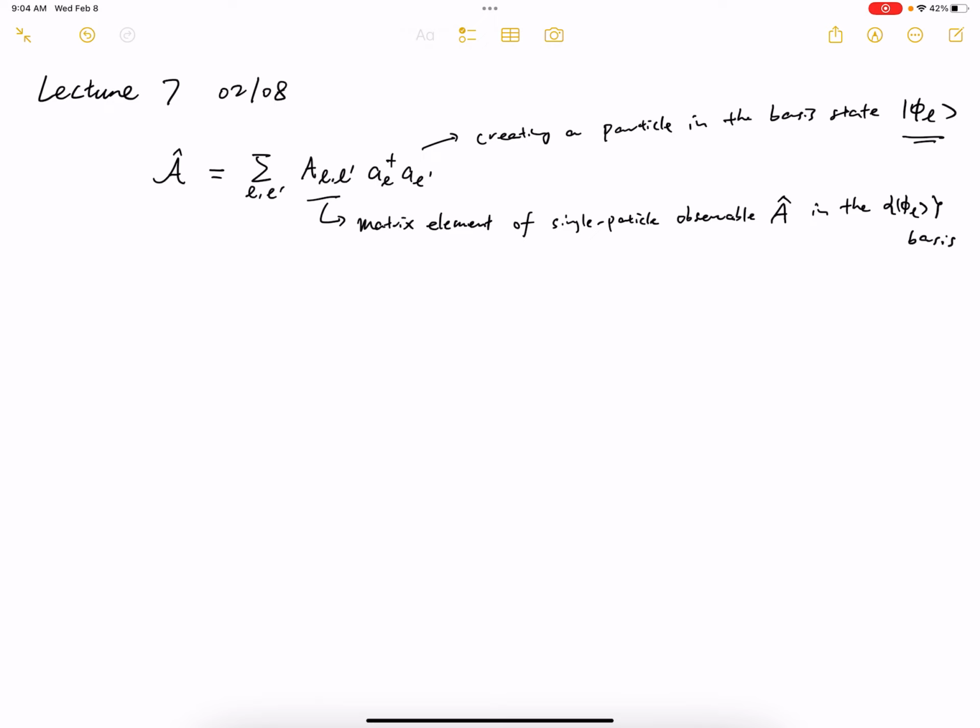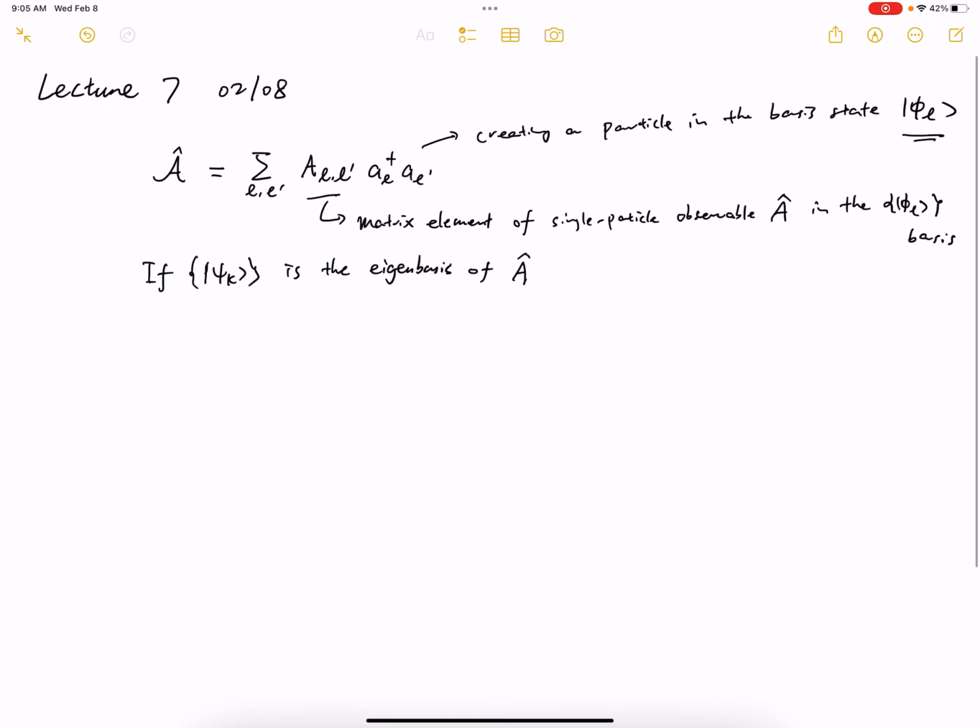If you use the eigenbasis of this operator A, usually we use psi k to not confuse you, so these psi k's are eigenvectors of A, and we assume A is Hermitian, then these eigenvectors always form a basis of the Hilbert space.